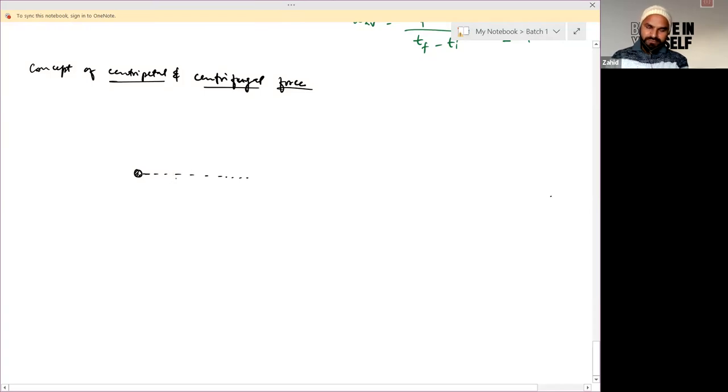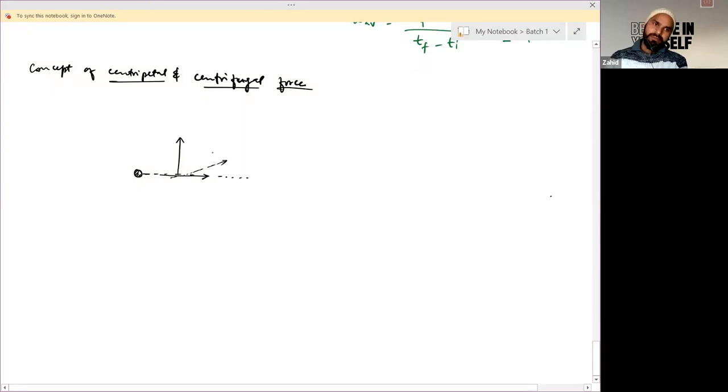So let's say a force is applied perpendicular to its motion along this direction. Since it is going initially along this path, a force is applied along this direction. So the resultant of these two will become like this.